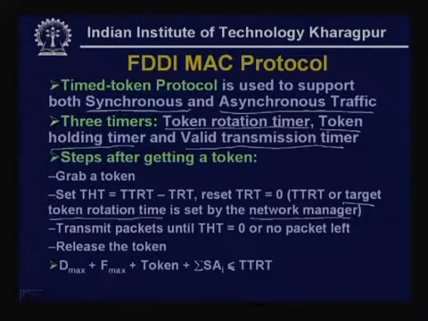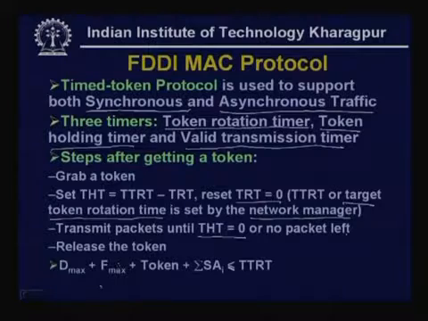Then it resets the token rotation timer. THT is set equal to this, then it keeps on sending until THT becomes 0. So, the station transmits packets until THT is 0 and no packet is left. However, if there is no packet to send, then the token is released.